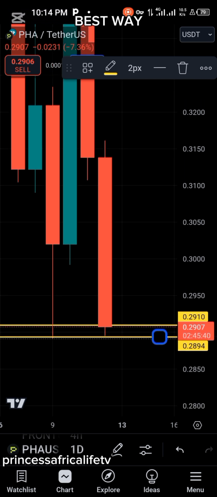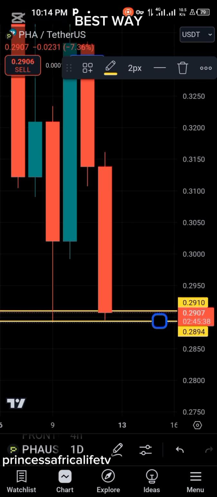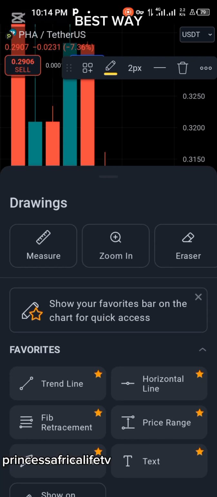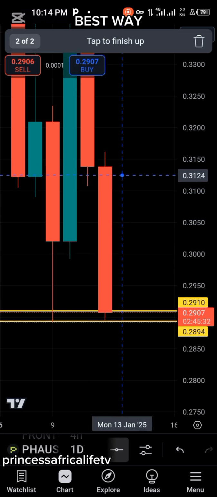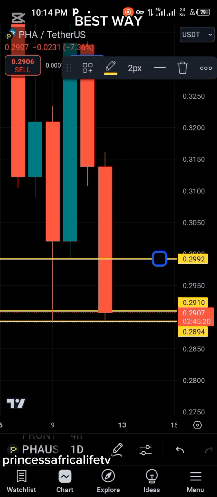All right, and then you take the last horizontal line, and then you place it. You just determine the middle of these big red candlesticks. Just somewhere here is exactly the middle, something like this. Or maybe at the end of this week, you can just take it, and then you place it here.